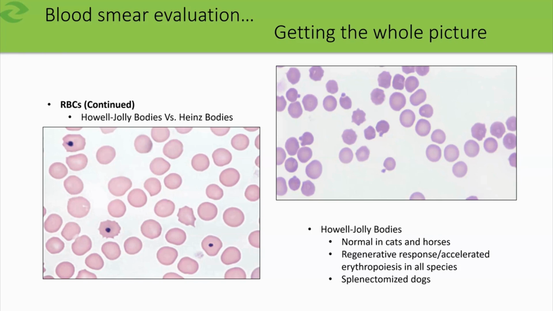If there is an increase in the number of Howell-Jolly bodies, look for the presence of polychromatophils, or look at the reticulocyte count, because it's most often associated with accelerated erythropoiesis in all species. And then if you splenectomize a dog, it's not uncommon to see increased numbers of Howell-Jolly bodies. They're typically not anemic, no reticulocytosis there. So keep that as a consideration also.